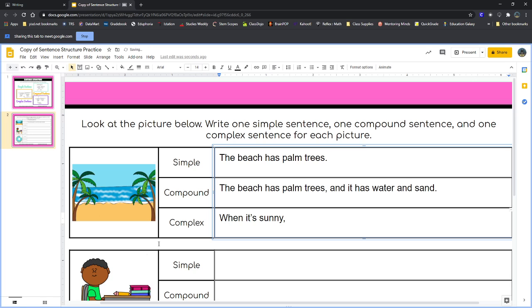Remember, for a complex sentence, I can use a comma, but I don't need the conjunction because this first part, when it's sunny, is not a complete sentence. So when it's sunny, comma, the beach has a beautiful blue sky.